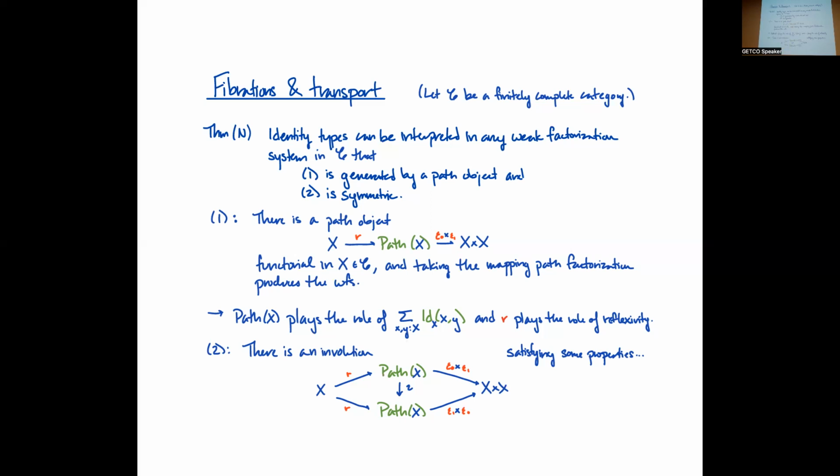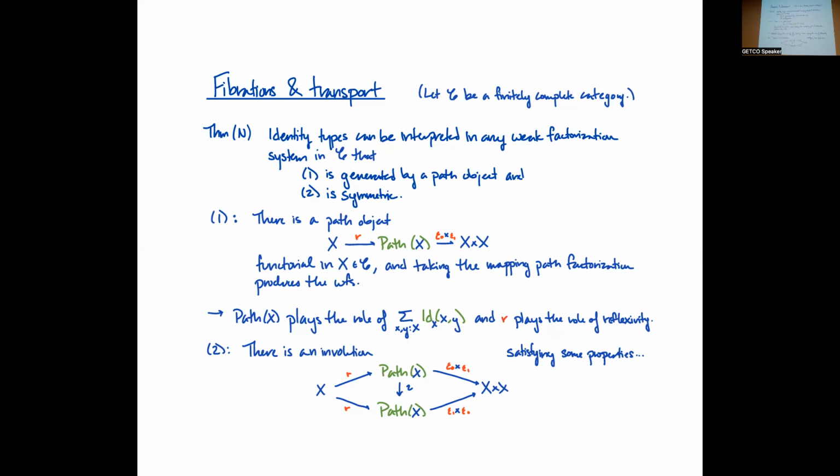Okay, I said this really quickly. Hopefully some people know what I mean. So we have this path object. We can factor any map using the mapping path factorization given by this path object, and then we can ask if that produces a weak factorization system. If it does, then we're happy that condition one is satisfied.